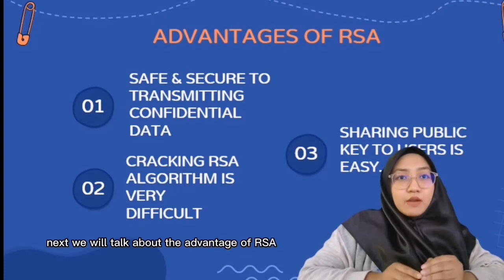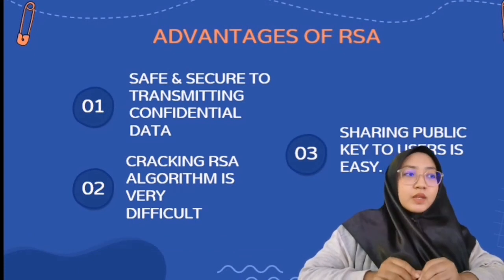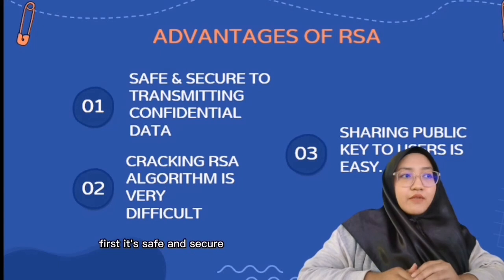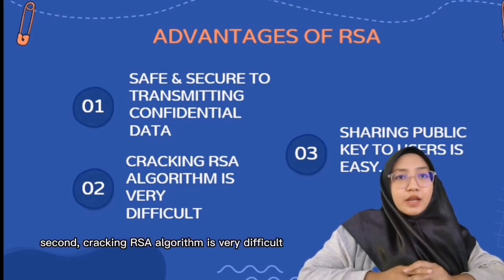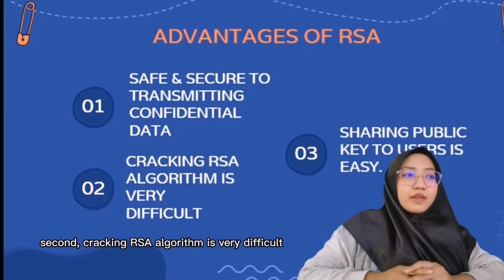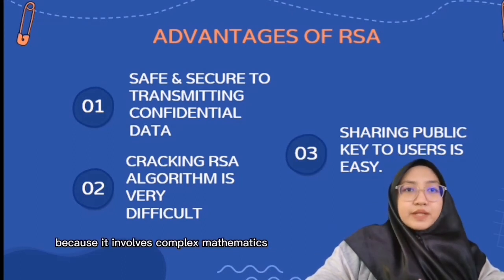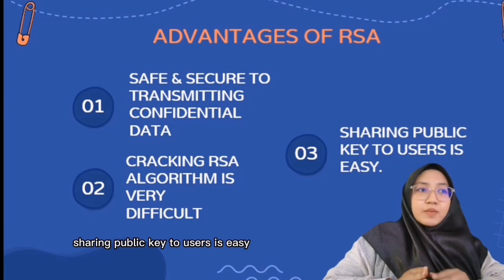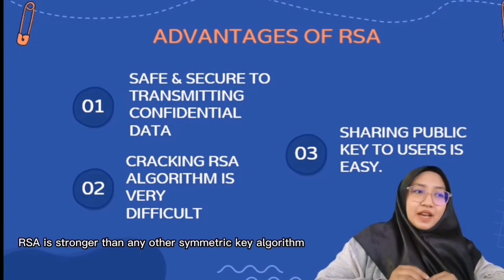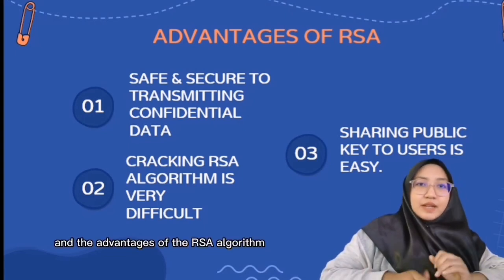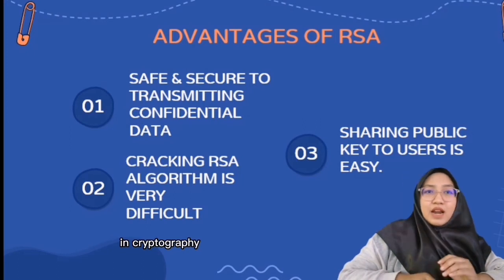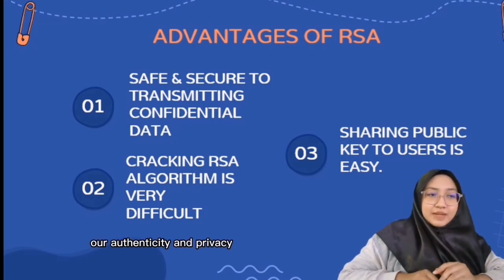Next, we will talk about the advantages of RSA. First, it is safe and secure for transmitting confidential data. Second, cracking the RSA algorithm is very difficult because it involves complex mathematics. And sharing the public key with users is easy. RSA is stronger than many other symmetric key algorithms. And the advantages of the RSA algorithm in cryptography are authenticity and privacy.